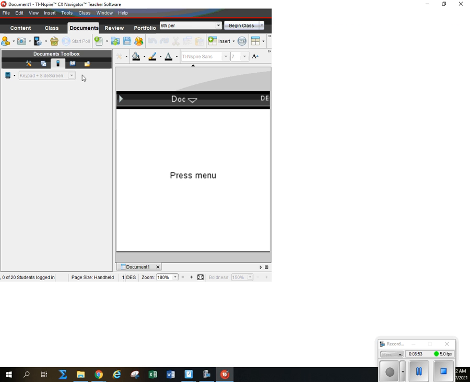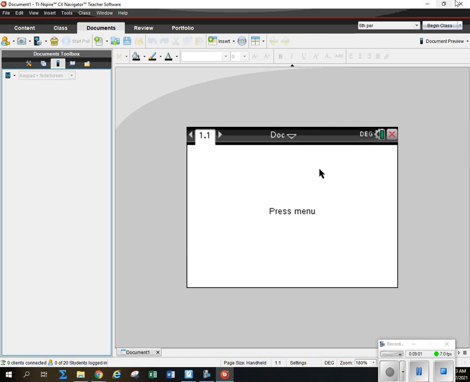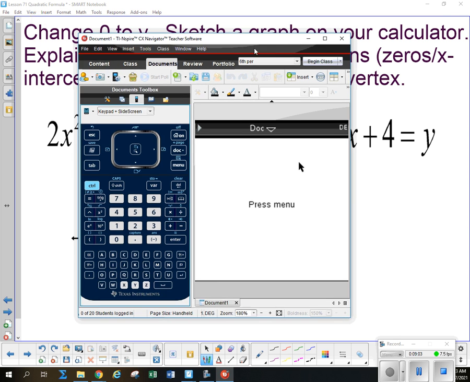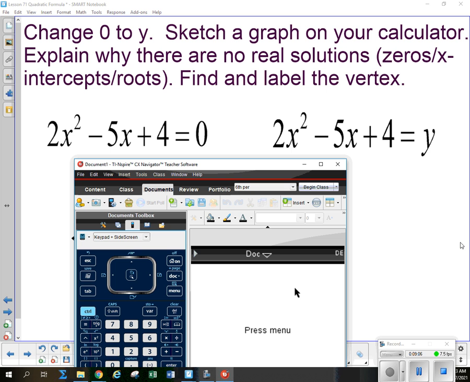Okay, there, mine decided to work. So I need to be on either a scratch pad graphing page or a document graphing page. I'm just going to go to my scratch pad.